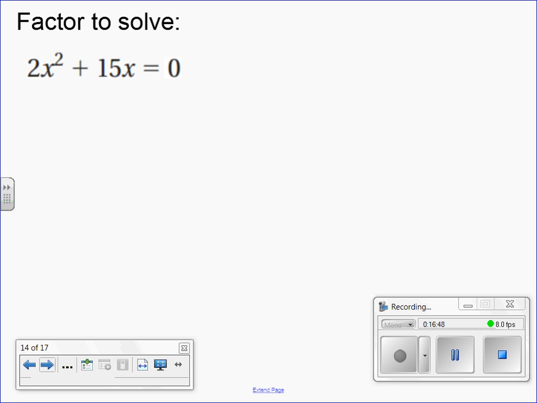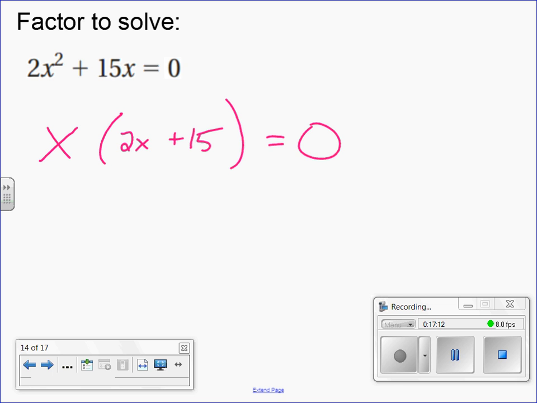Yeah, you don't want to bring a 2 out from the 15, because 15 is not divisible by 2. But there is a variable we could factor out. What about an x? So 2x squared, if I pull an x out, would leave me with 2x. And 15x, if I pull an x out, would leave me with a 15. So that's what it looks like in factored form.